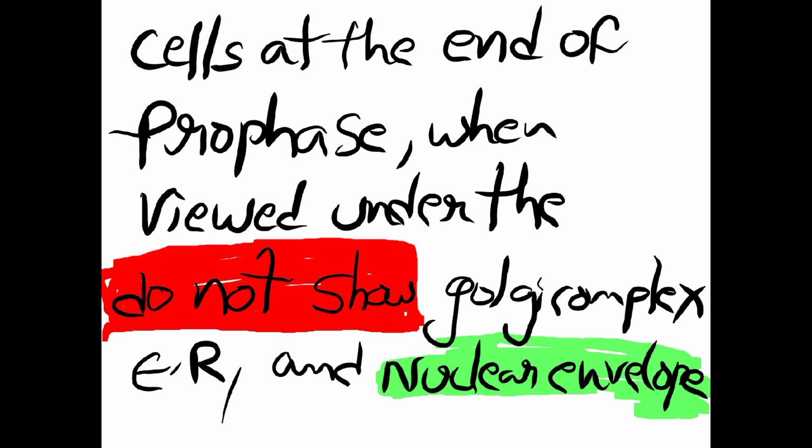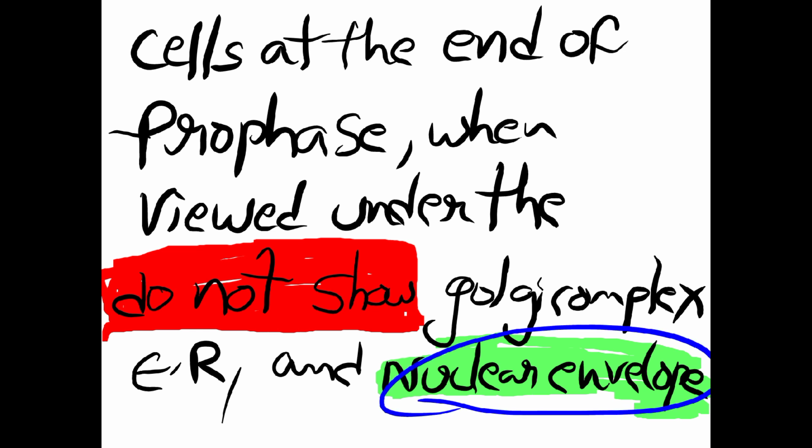Cells at the end of the prophase when viewed under the microscope. So now the prophase is happening. If you see the nucleus at the end of this stage, what happened? The cell does not show the Golgi complex and endoplasmic reticulum. These two cell organelles are absent, and disintegration of the nuclear envelope takes place.